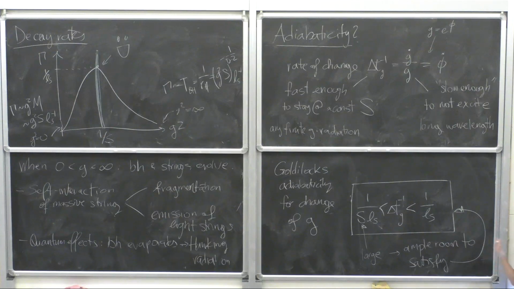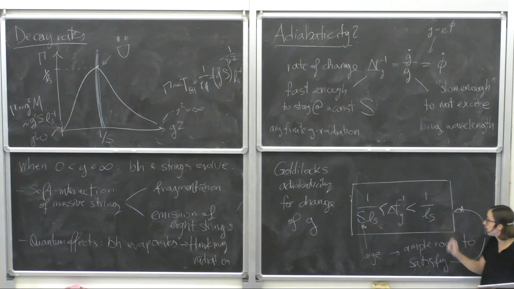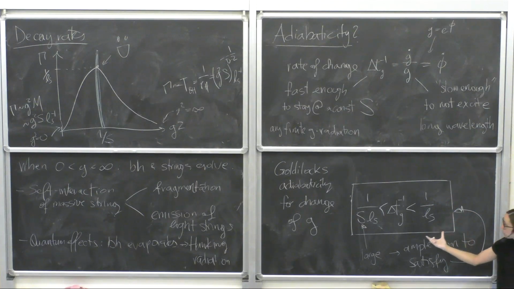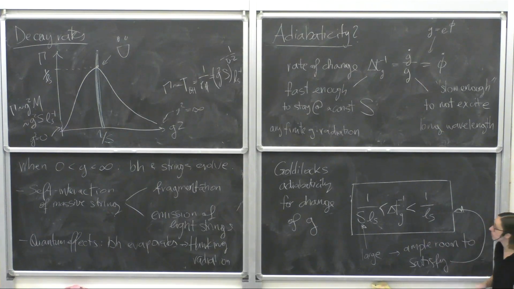And we will never have an exactly adiabatic notion. So it's about time scales, and this is the window within which we will try to turn strings into black holes and vice versa. And now we have to compare this window with whatever crazy stuff black holes and strings can do when their couplings are changed.